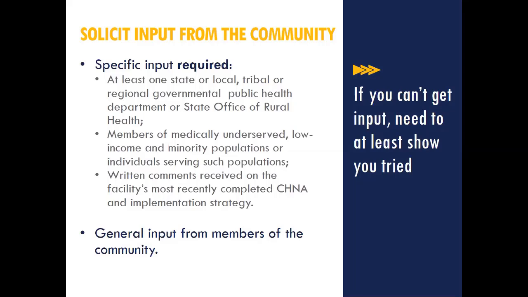So when you're doing your assessment, it's really important that you reach out to one of these organizations and ensure that they're part of the assessment in some way. Maybe they're part of your focus groups, maybe you have a one-on-one conversation, maybe you actually conduct it jointly. Maybe the State Office of Rural Health is the organization that you contract with to do it for you, but somehow they have to be involved in the process.